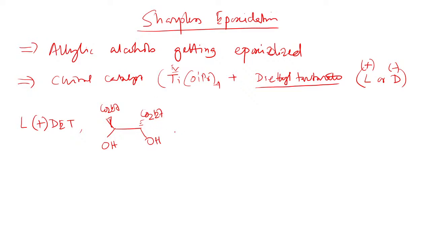So this can be also drawn like this. If you draw the CO2Et group in the plane, so here the OH groups on the plane, then also you can draw like this. So one molecule can be drawn in many ways. So this you can say is equal to. Also you can draw zigzag. That also you can draw.